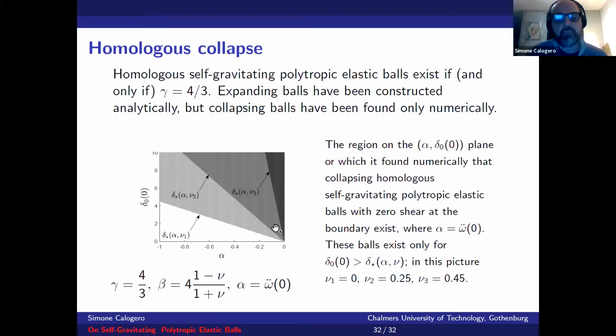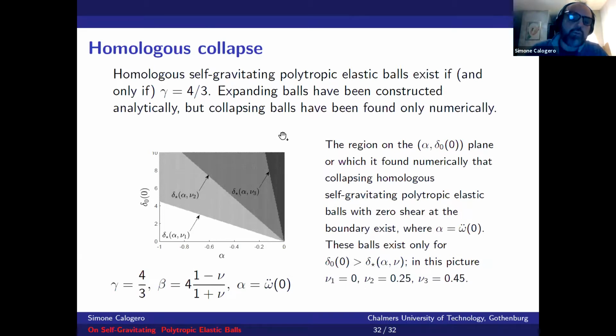But maybe the only thing I should mention here is that these curves are for different values of the Poisson ratio. For instance, mu1 here is 0, mu2 is 0.25, mu3 is 0.45, and as you can see, the region in this plane where this collapsing ball exists is becoming smaller and smaller. The fluid case would be some line here, which I haven't drawn.